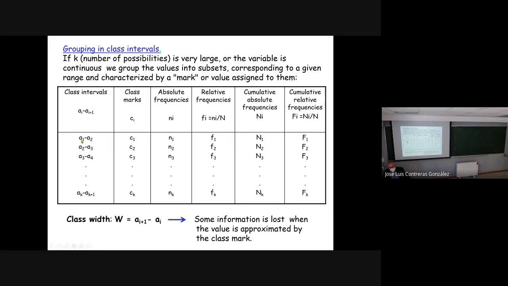So the classes will be A1 to A2, A2 to A3, etc. And these classes are represented by a value, which is normally the middle point of the interval. You will see it very clearly with the next example. This value represents all this set of values, so we're going to lose some information here. The rest is exactly the same: absolute frequencies, relative frequencies, cumulative, and cumulative relative.